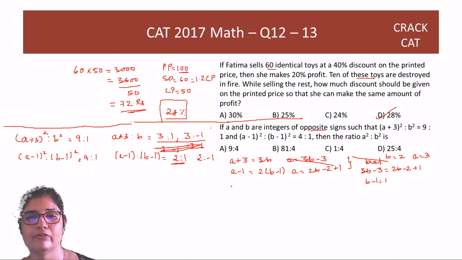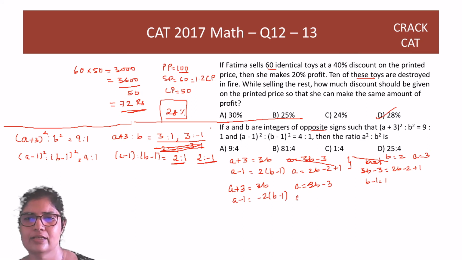Now again, I'll have to do the same thing. A plus 3 is equal to 3b. Right? Come, instead of pairing it with this, we'll pair it with this. So I'll get a is equal to 3b minus 3. And यहाँ पे I will get a minus 1 is equal to minus 2 times of B minus 1.